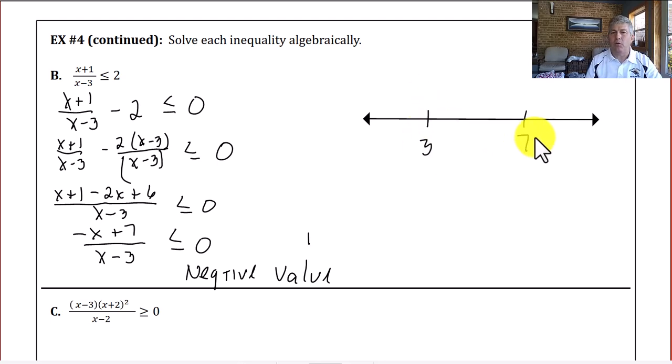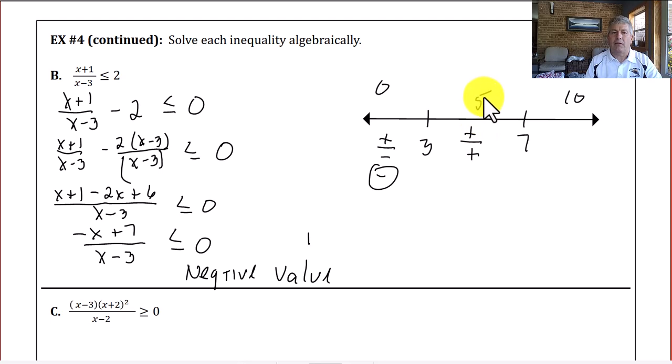So I can put those on my graph, and I can do my sign chart and evaluate. I'm going to evaluate 0, 5, and 10. When I evaluate 0, I end up with a positive over a negative, which is negative. So I like that region.